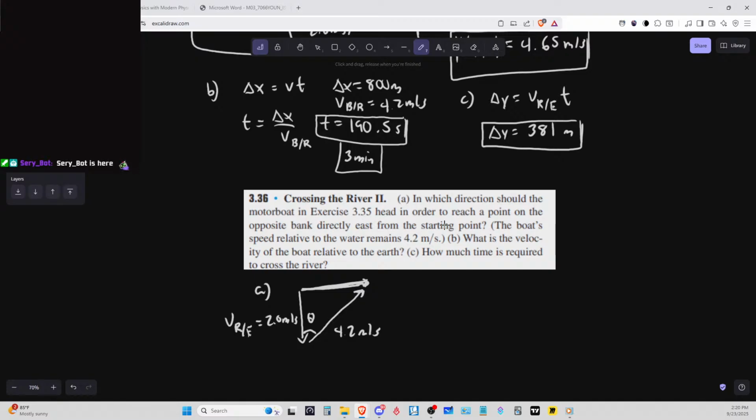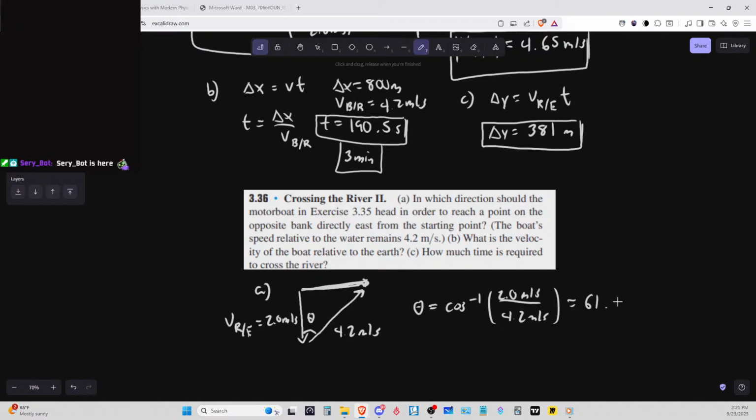So, which direction should the boat travel? If we take the angle here, this would be an adjacent leg, so this one's cosine. So cosine of the angle, let's see how that is, divided by 4.2.